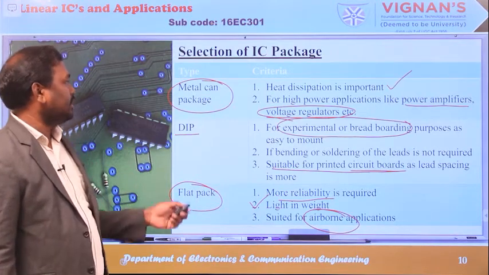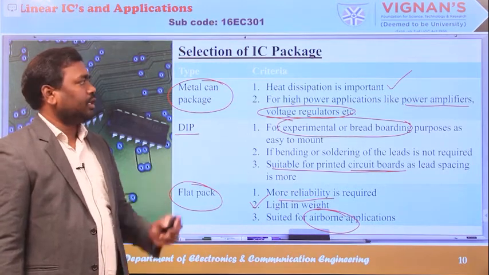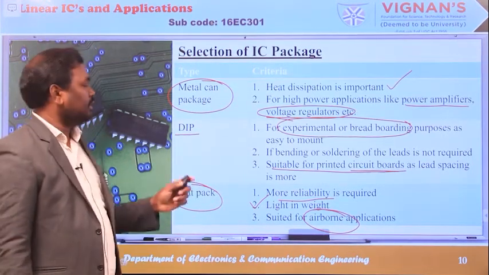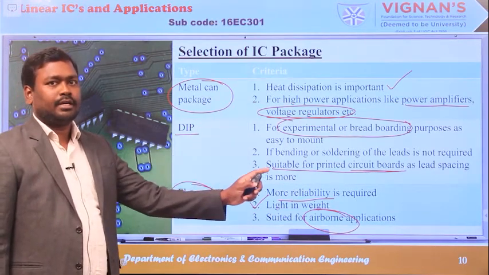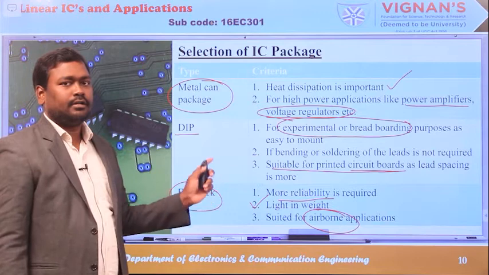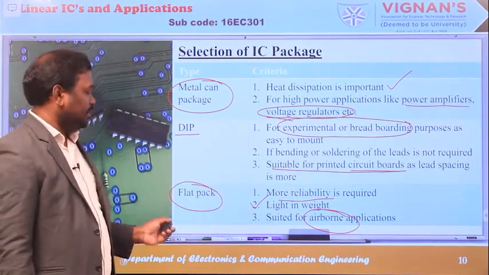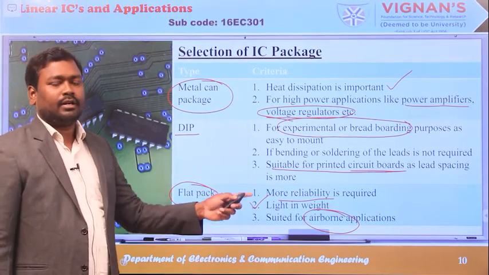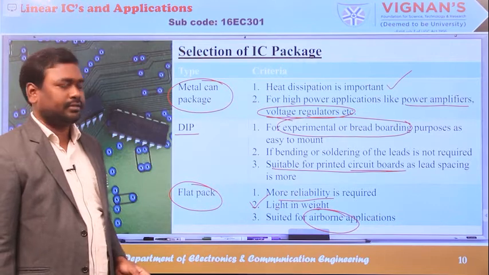So once again, metal can is preferable where more heat dissipation is there. DIP package is preferable in laboratory ICs and the ICs which we put on PCBs to make a system. Flat pack, wherever lightweight is needed, there we go for the flat pack.